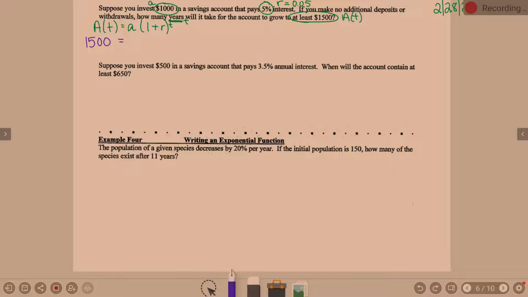equals little a, what's our initial value? So 1,000 times 1 plus R. What is R? 0.05 raised to the power of T, which is actually what we're trying to find here.